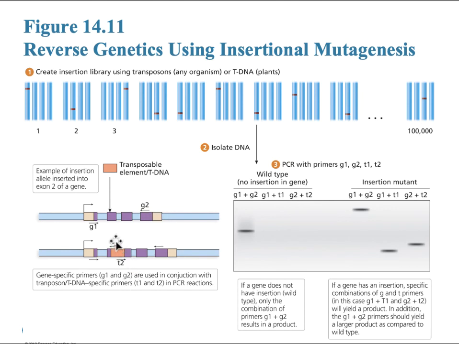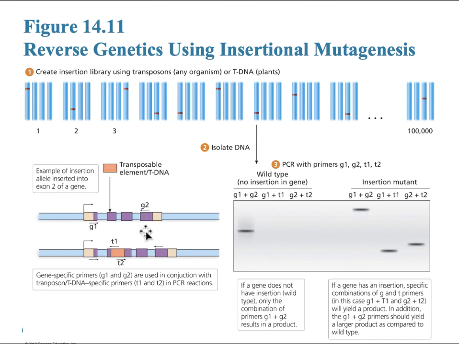The T1 and T2 would be general primers available to amplify all 100,000 clones if they are in an appropriate configuration. So imagine that in the majority of these cases, the insert has gone into another gene, not the gene that you're interested in, or into another location within the genome of the yeast. In those cases, the transposable element will be somewhere else.